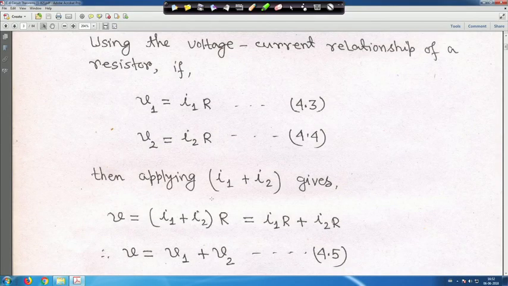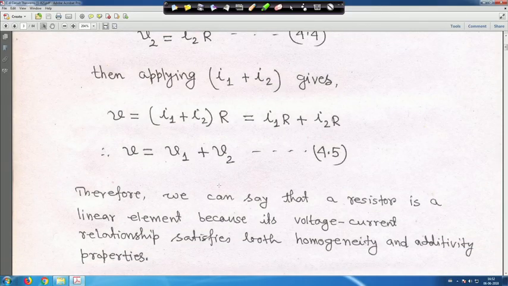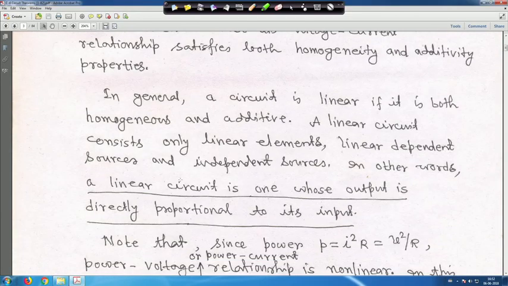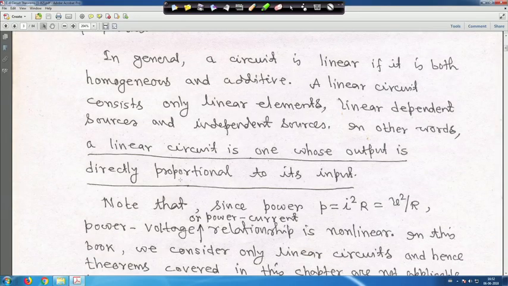So this condition has to be satisfied. Therefore we can say that a resistor is a linear element, because its voltage-current relationship satisfies both homogeneity and additivity properties. Only then can you say that the element is linear; it has to satisfy both. In general, a circuit is linear if it is both homogeneous and additive.